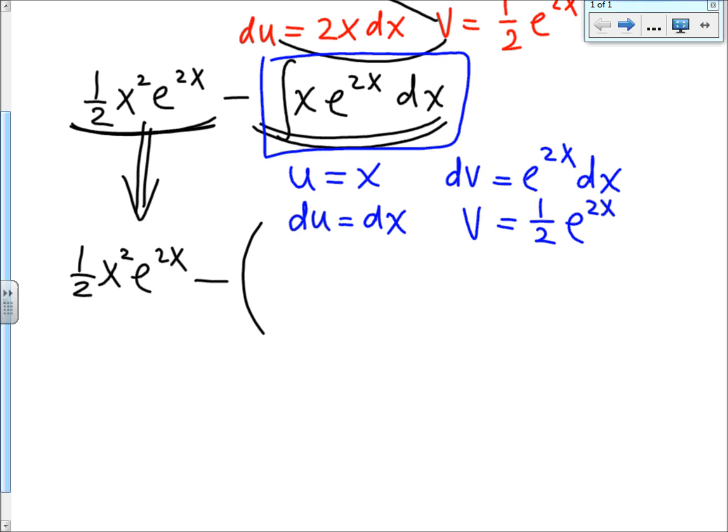I'm actually going to set up a parenthesis here. Because remember, integration by parts is two pieces to it, and you have to make sure we understand that. So I'm going to say minus what? Minus uv. So this will be 1/2 x e to the 2x minus the integral of v du.